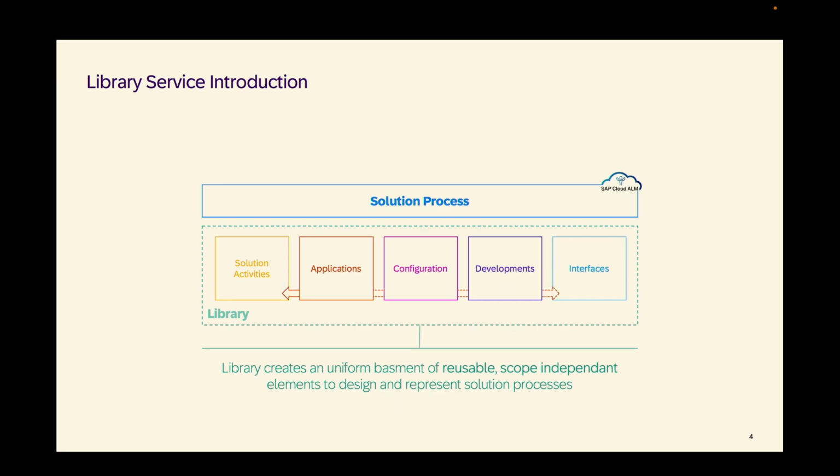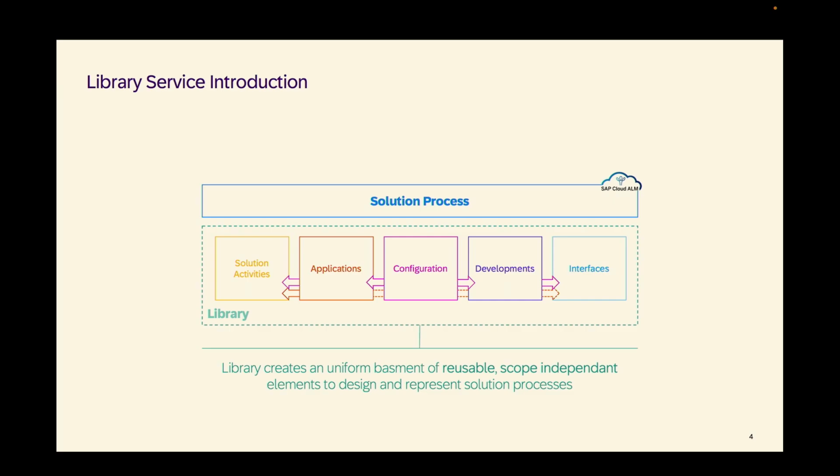Now, when you use the library elements, you can link them to each other, as you are used to do that, for example, in Solution Manager as well. So, you can assign applications to solution activities or to the interfaces. You can describe the configuration which is required for development, interface, application, or solution activities.